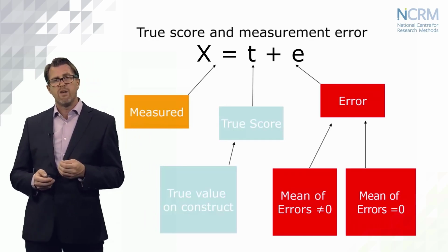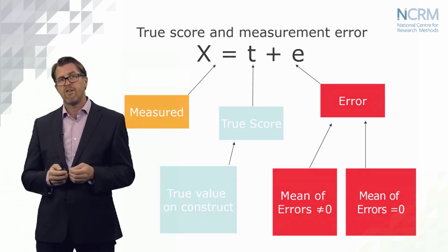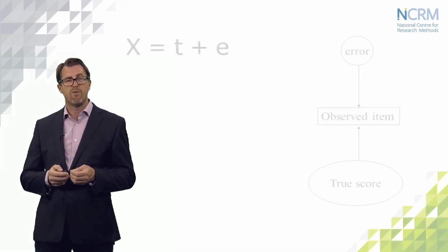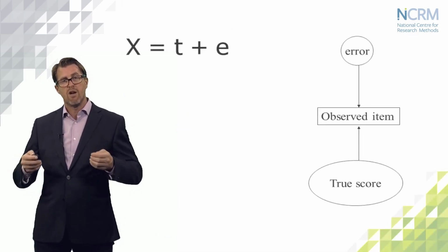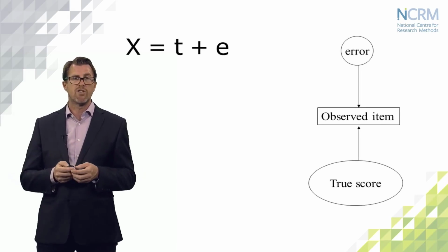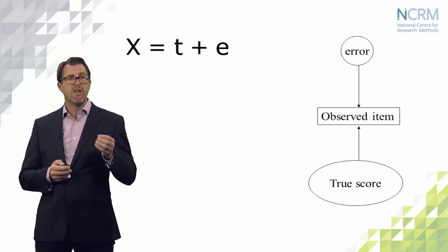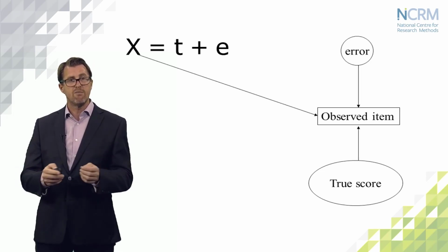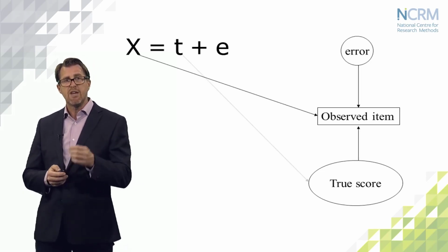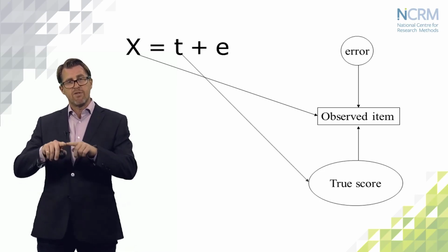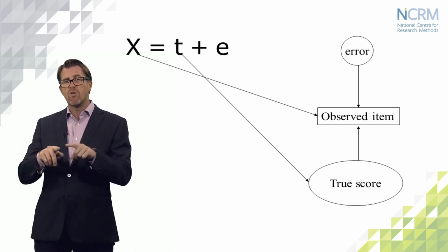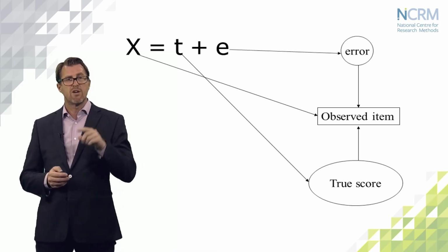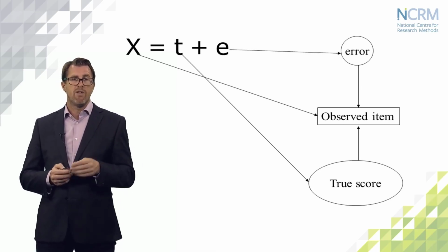So we can now translate this true score equation into a very simple path diagram, which is key to representing structural equation models. So here we can see that the x reads over to being the observed item in the rectangle, the t reads over to being the latent variable, the true score in the ellipse, and the e reads over to being the circle at the top of the diagram, the error.